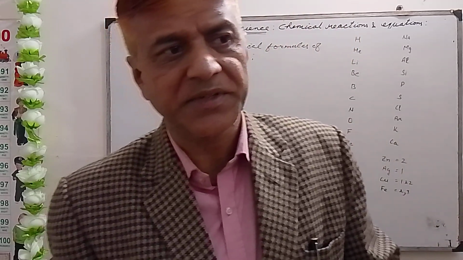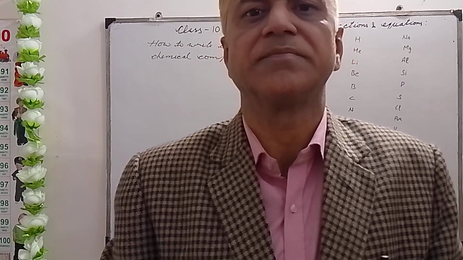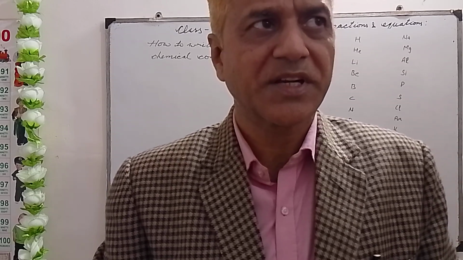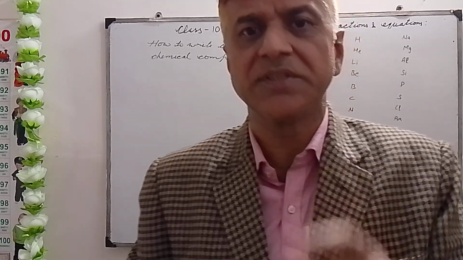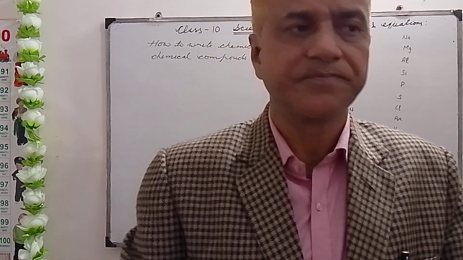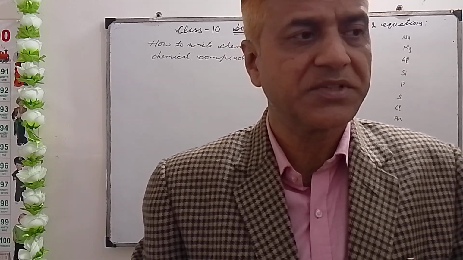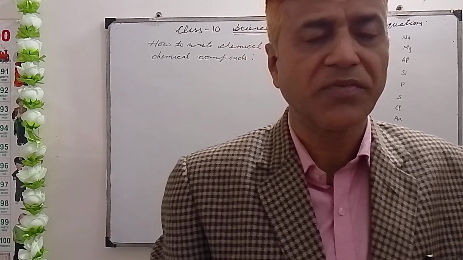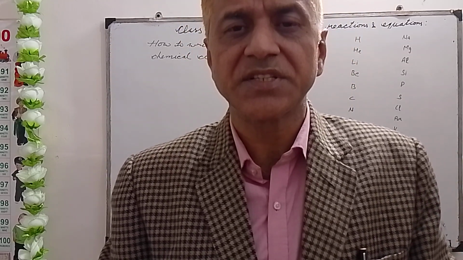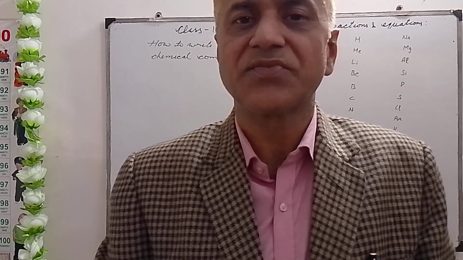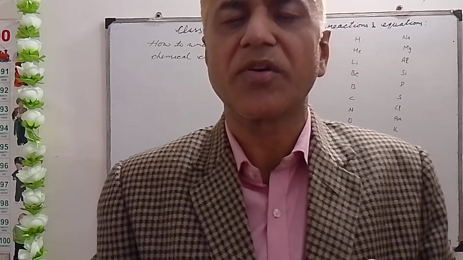Similarly, to find the valency of an aluminium atom, the number of electrons in the outermost shell is 3, so its valency is 3. The second way is that if the number of electrons in the outermost shell is 5, 6 or 7, then its valency is given by 8 minus the number of electrons in the outermost shell.